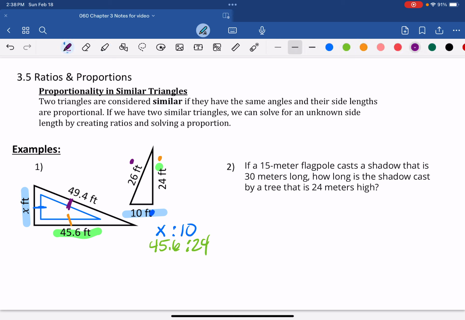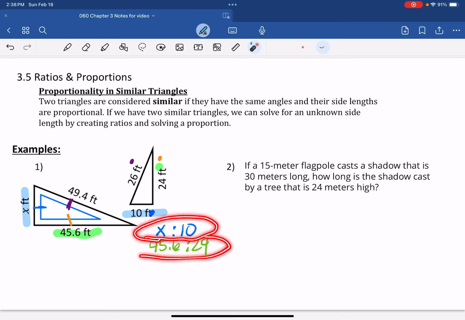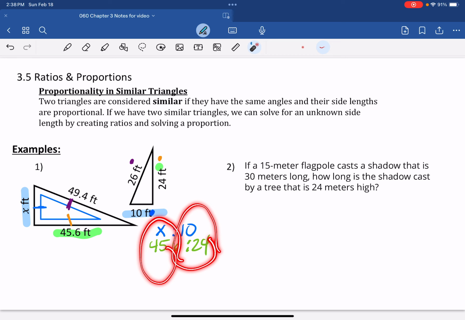And now that I have two ratios, I can write my proportions. And as I mentioned in the first video, you can write your proportions where you pair up your things like this, or you can pair them up like this. I'm going to use large triangle compared to small triangle rather than side compared to side.